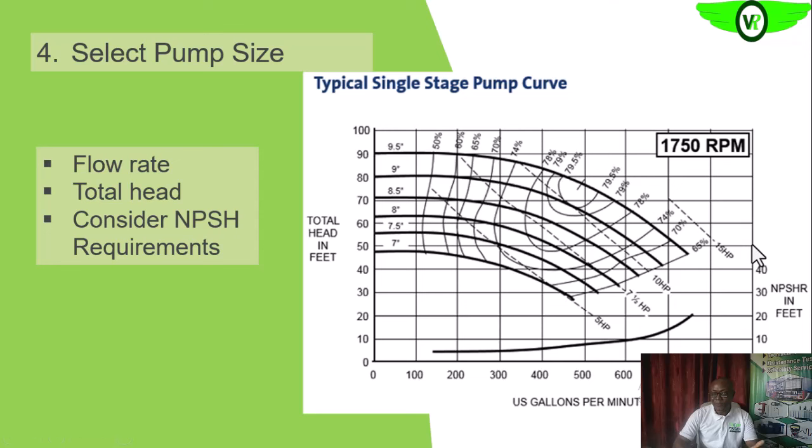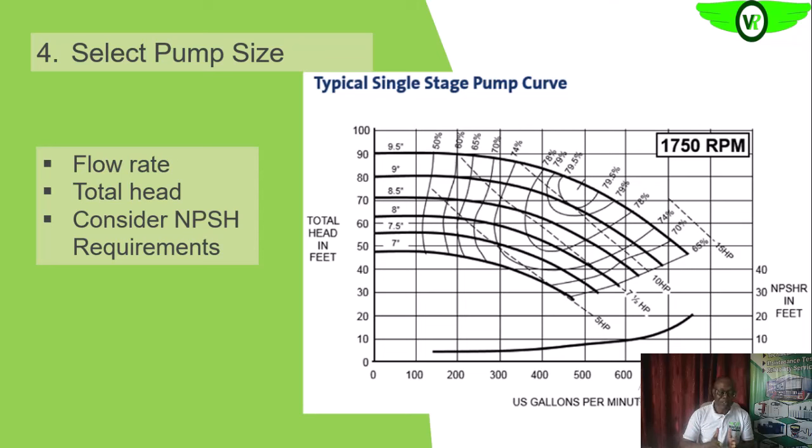Then if the vapor pressure of our liquid is about 60 or 70, it means that we cannot use that particular pump. So we need to select a pump with a net positive suction head that is higher than the vapor pressure of the liquid that we want to pump.